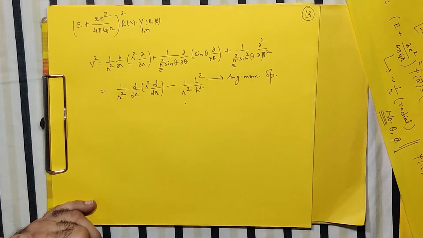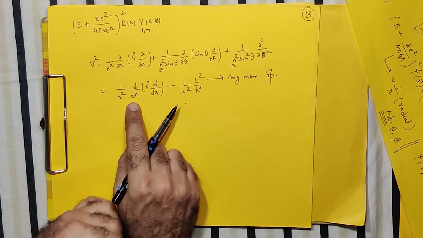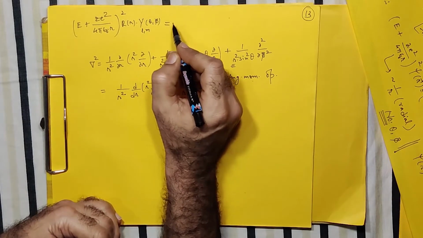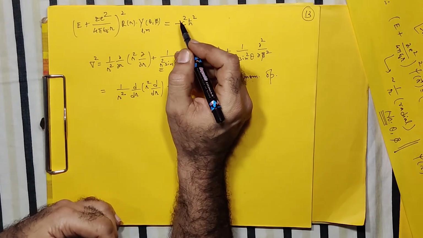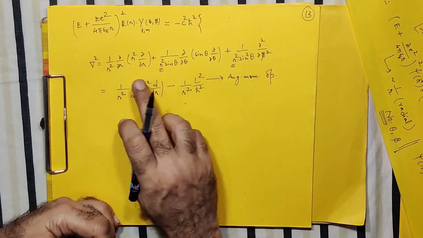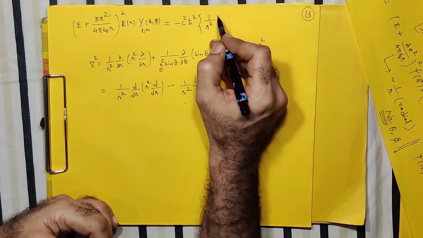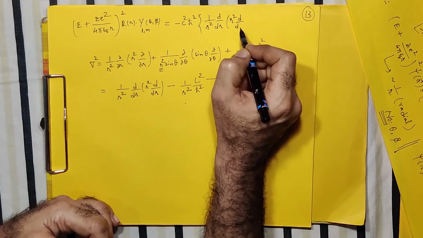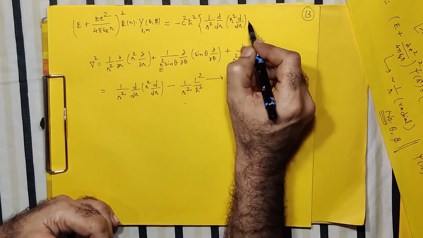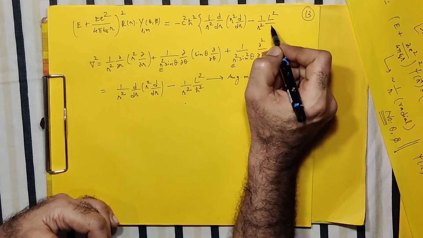Correct? So basically instead of nabla square on the right side, we can substitute this information. So if I go back to this c square h cut square, and instead of this nabla square term, I can substitute this part. It will be 1 by r square d by dr r square d by dr, correct, and this part I write as 1 by r square L square by h cut square.